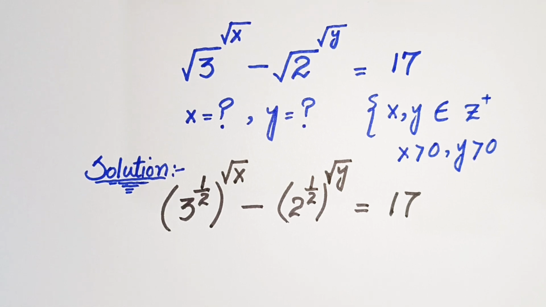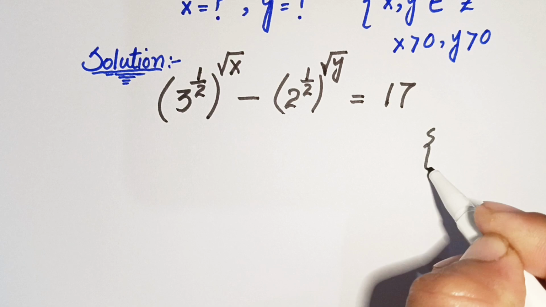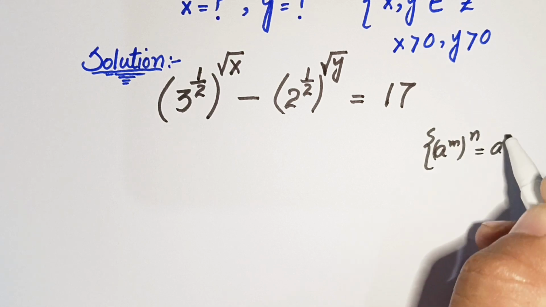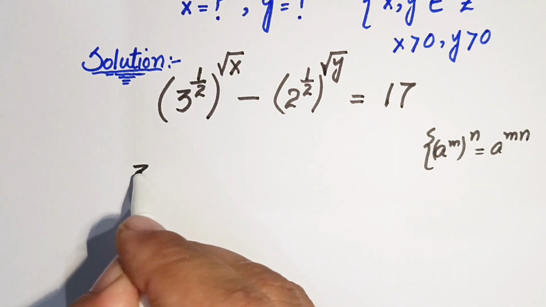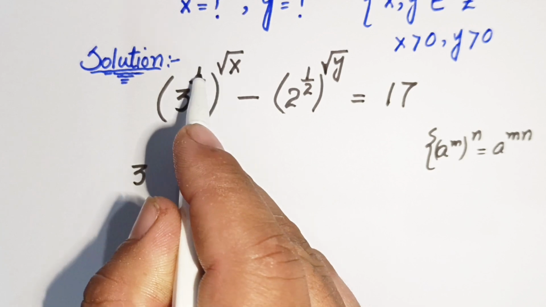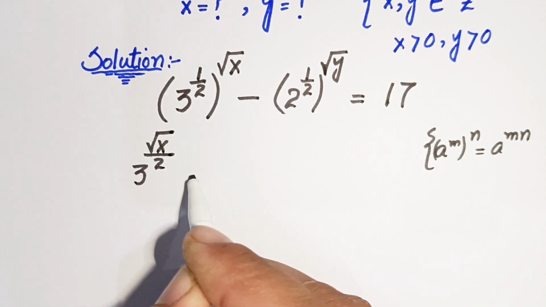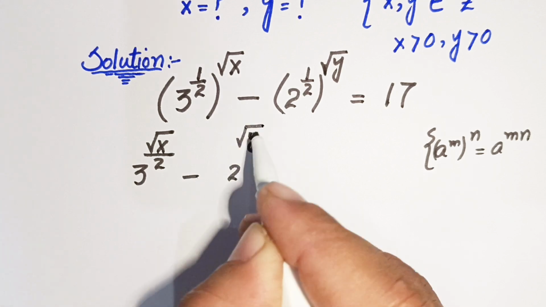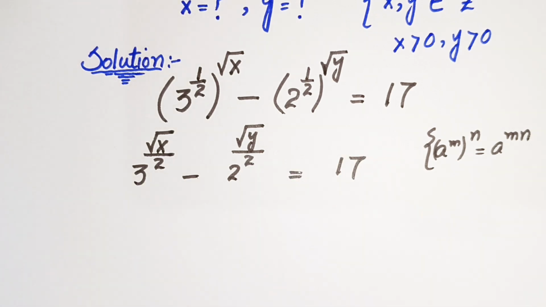Our next step is, by the exponential law, (a^m)^n is equal to a^(m·n). So we get 3 to the power √x over 2. Similarly, we have 2 to the power √y over 2, equal to 17.